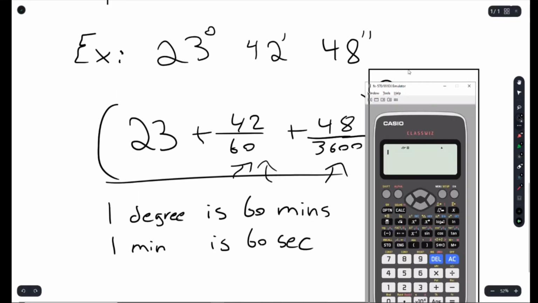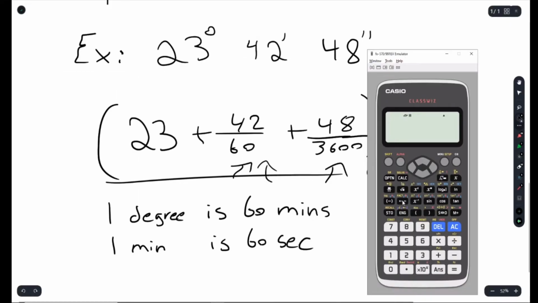So now with the calculator, it's this symbol again. You can just use it 3 times. The first time is for the degree, the second time is for the minutes, and the third time is for the seconds. So it's 23, then degree, then 42, then minute, then 48, then second.